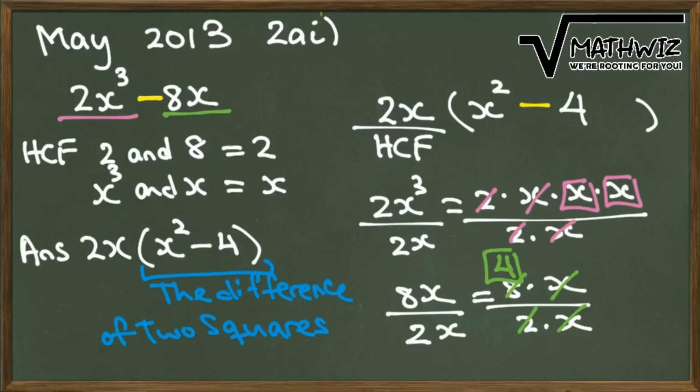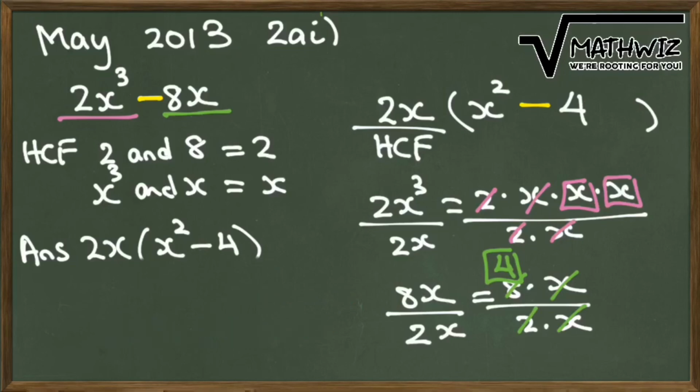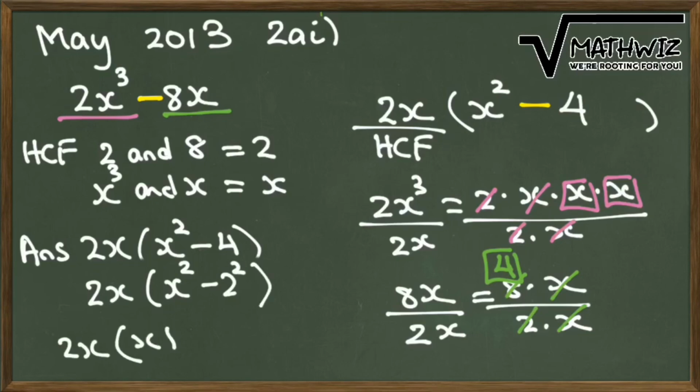So the best answer, as I said, if you're not comfortable, you can just go ahead and click on that link and watch the video so that you can understand what's happening. So essentially, this would become x squared minus 2 squared. And we know that the difference of 2 squares says we're going to express this as x plus 2, x minus 2.